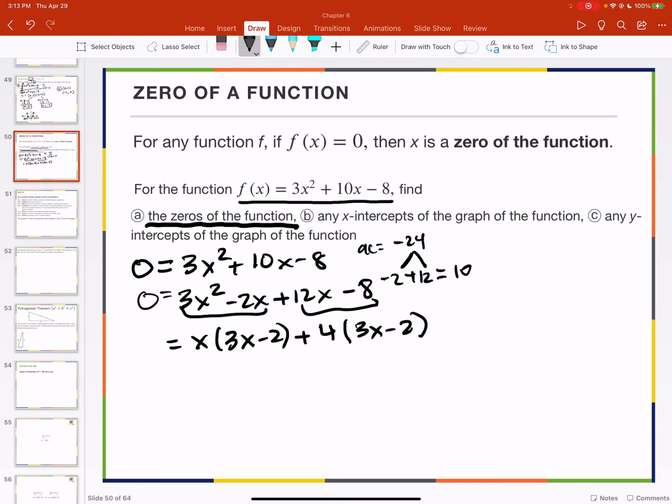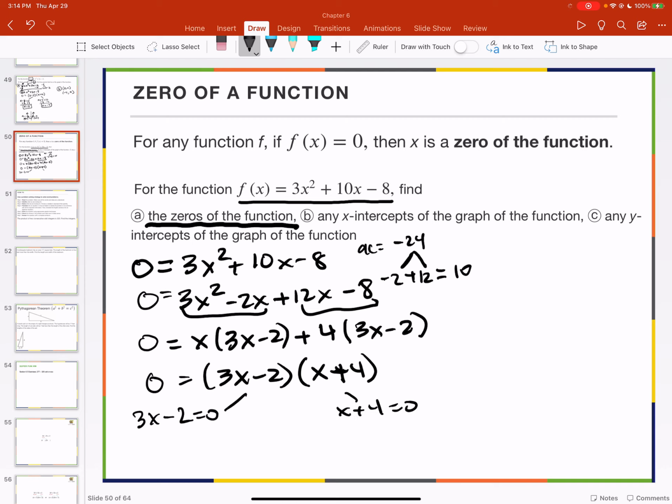So then finally, 0 is equal to 3x minus 2 times the quantity x plus 4. Okay, now we can use zero product property. 3x minus 2 is equal to 0, and x plus 4 is equal to 0. So solve for x.